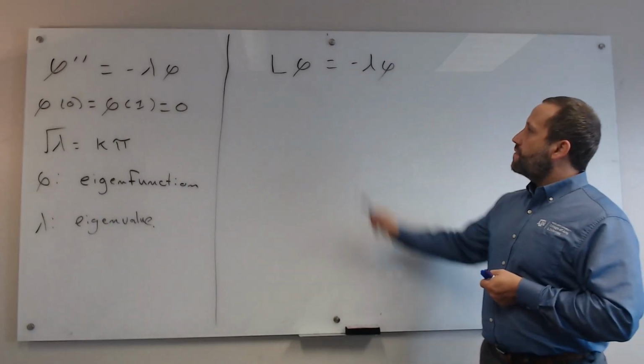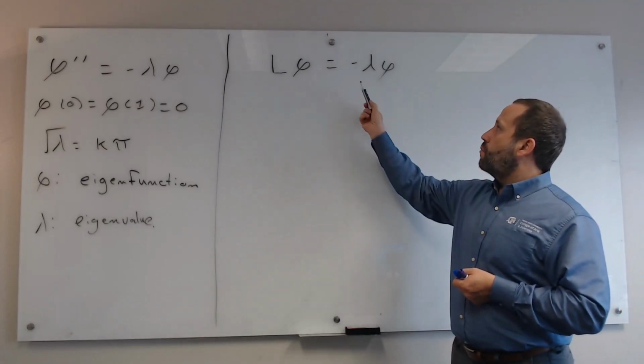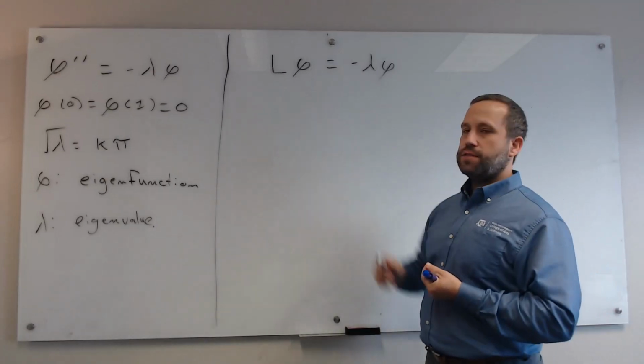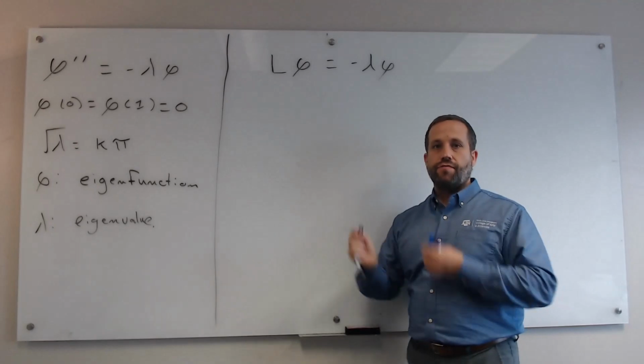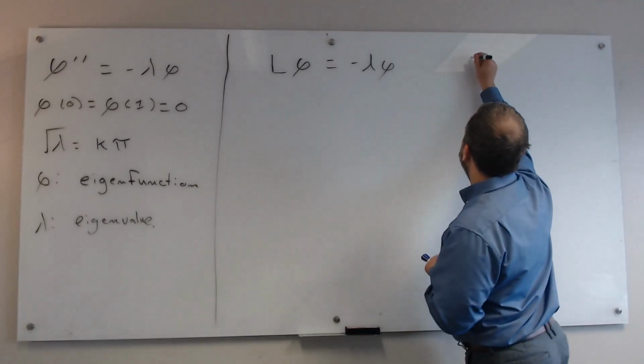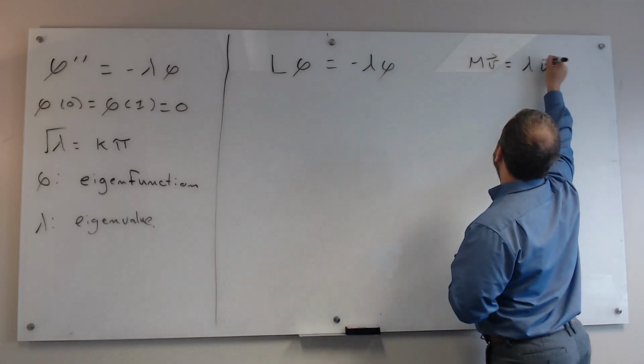If you think about phi as being a vector, this gives us a matrix-vector-like equation. This is exactly the eigenvector eigenvalue equation for a matrix: M v is equal to lambda v.